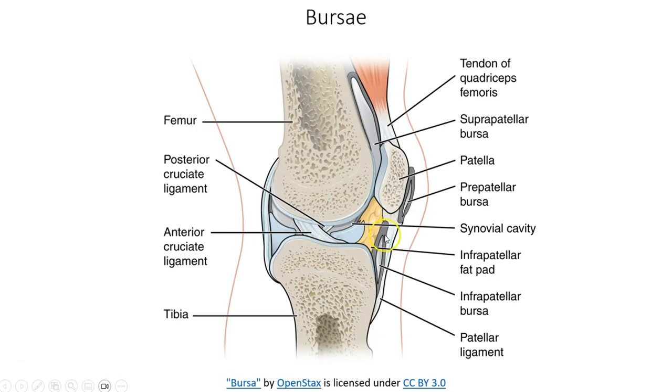And then coming a little bit out here towards the anterior side of the knee, we start seeing these bursa. All right, a bursa is a thin piece of connective tissue forming a sac filled with some more lubricating fluid. And so we've got the patella right here, or kneecap, and so you can see that there is a bursa sac here behind that tendon.